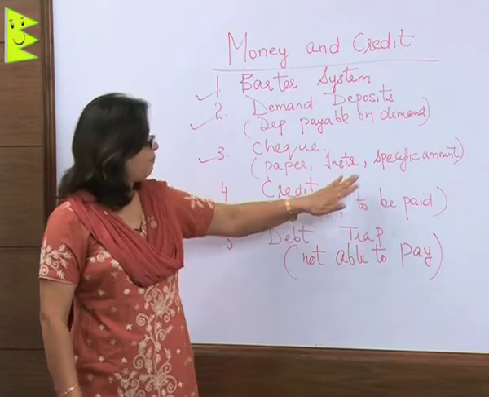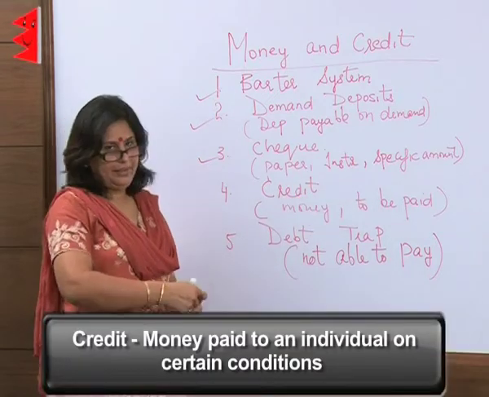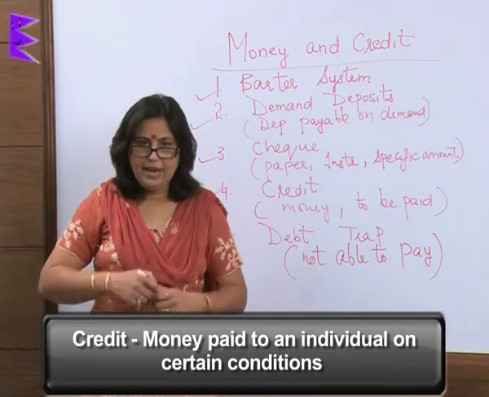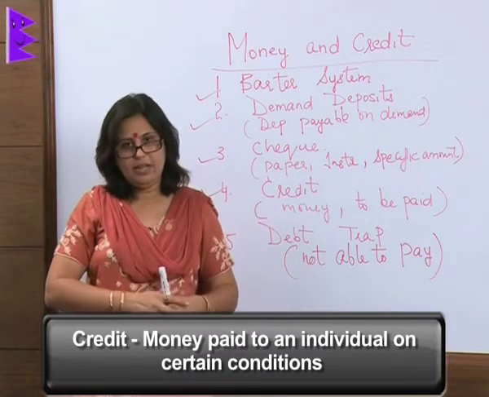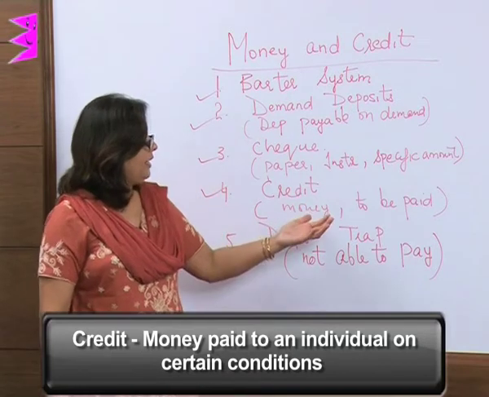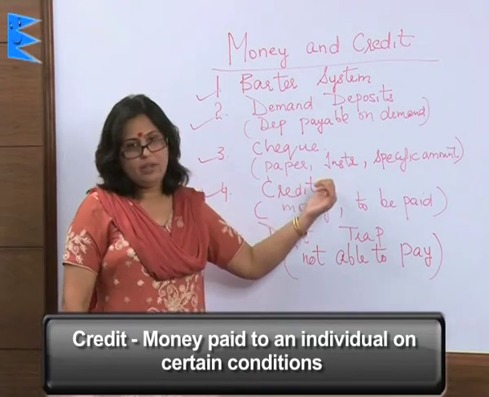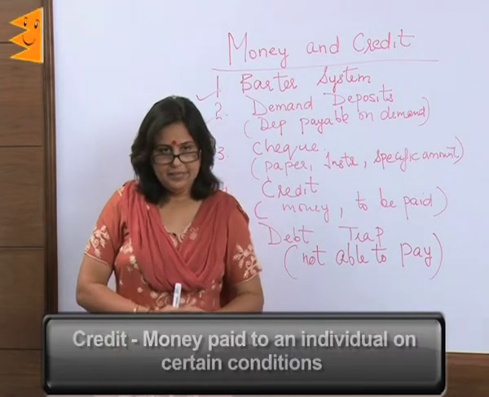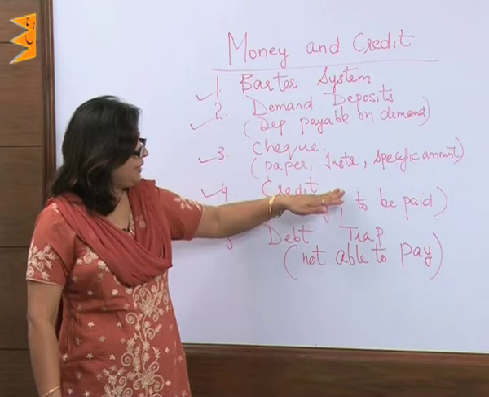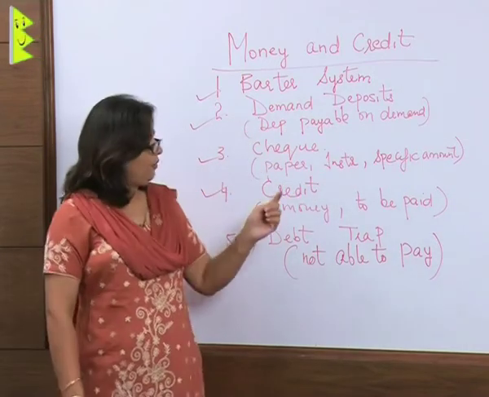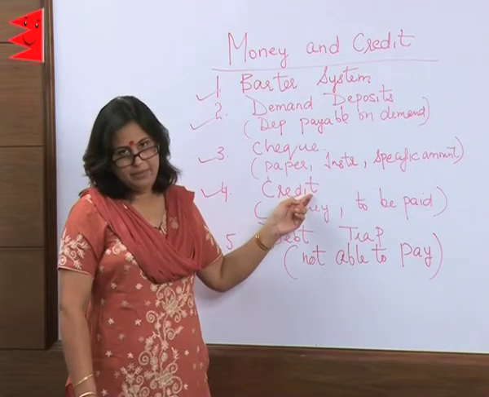Looks very easy. Next is credit. Credit is the money which is paid to an individual or a company because it needs money, and this is paid on certain terms and conditions. That is, there is a specific rate of interest on which the credit is made.